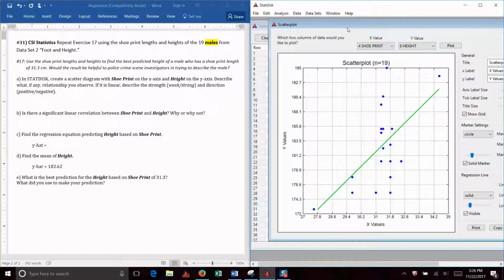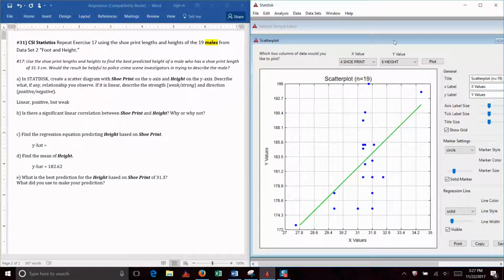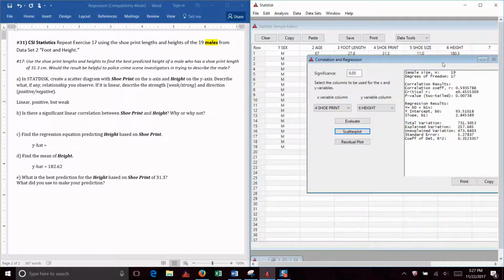We do have a trending upward as we move to the right. So it's linear, it's positive, but given all the spread of the points, that appears weak to us, or at least it does to me. But because we said linear, that's enough for us to move on to correlation.